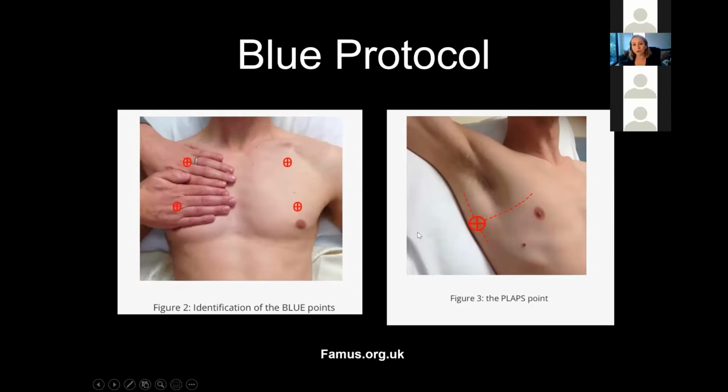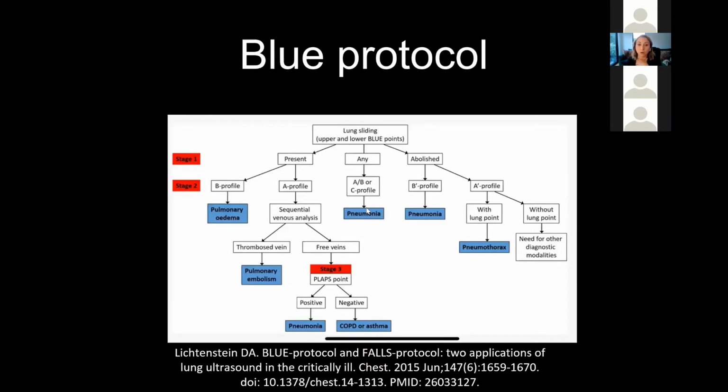And the protocol we follow is this. So firstly, we're looking for lung sliding. This is just in the anterior zones. Is it there or is it not there? And then we're deciding whether there is an A profile, so that's A lines, or a B profile, it's B lines. And then we can follow this flow chart.